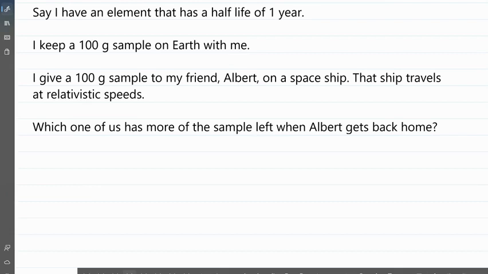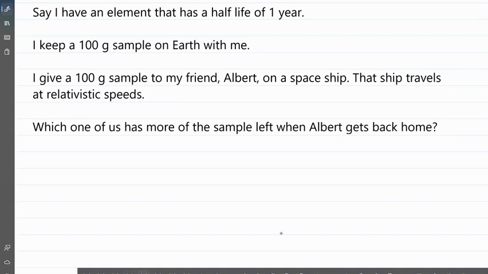Essentially, that means that it's traveling at a significant fraction of the speed of light. And by significant, I mean anywhere on the order of like a 100th starts to make some strange things happen, like this relativity. But at a tenth the speed of light, you really see these effects starting to take hold. So he travels at relativistic speeds.